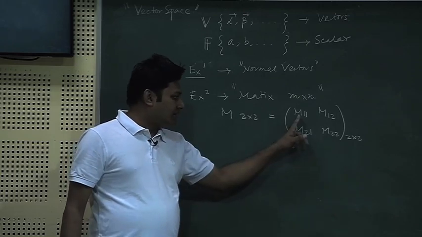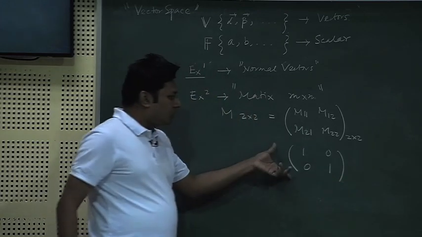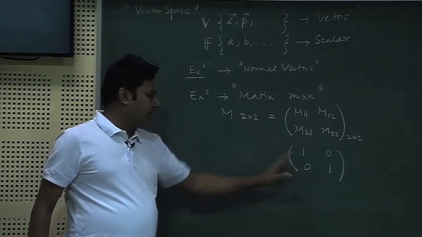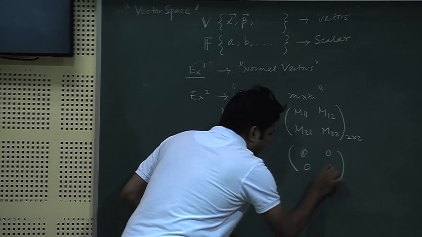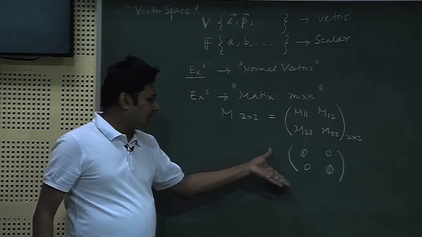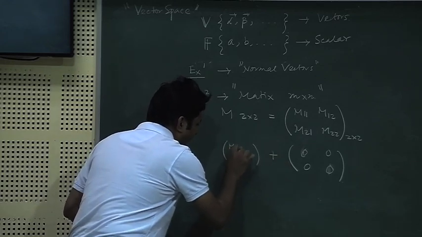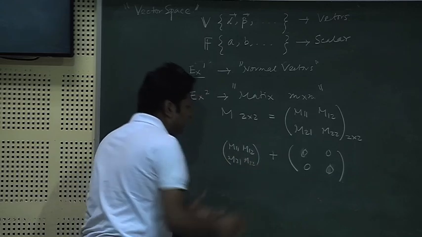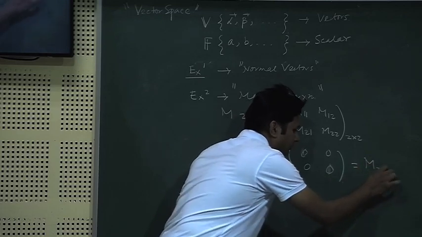If I add a matrix in this form, this is also an element of the 2 by 2 matrices, and it behaves like the identity. If I add it to any matrix, then as a result I return back the same matrix M, 2 by 2.